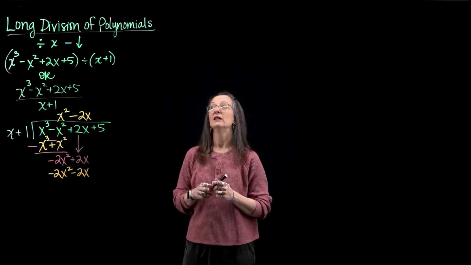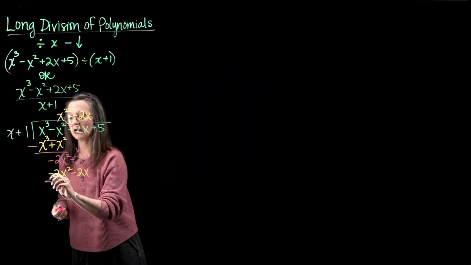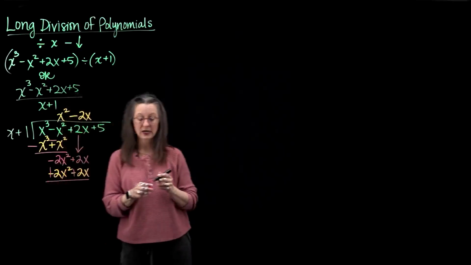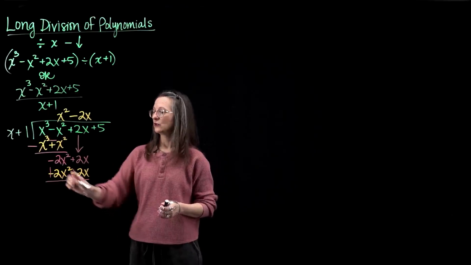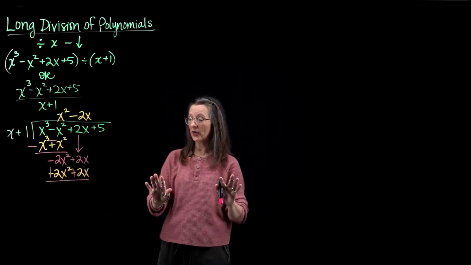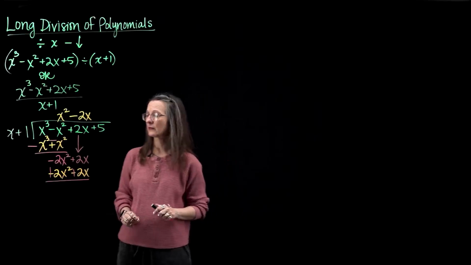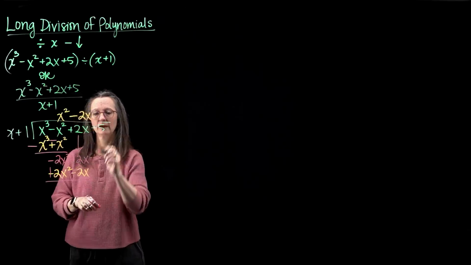All right. Next is the subtraction. And as I said before, draw the line, change all the signs. So we have minus 2x squared plus 2x squared is no x squared, it's just a 0. And then 2x plus 2x gives me 4x.